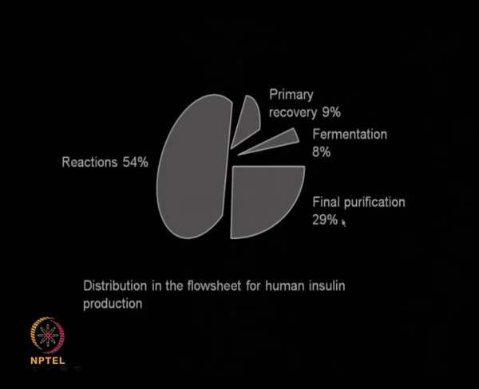That is why 30% of the cost is because of the purification step, 8% is because of fermentation, 9% is because of the primary recovery. So, the reactions which involve the unfolding, refolding using enzymatic bioreactors contribute to 54% of the total production cost of this.